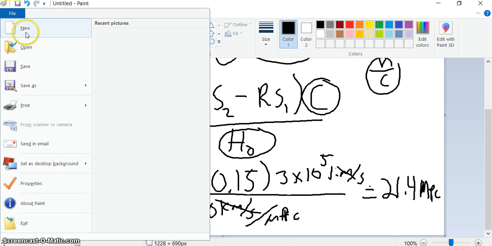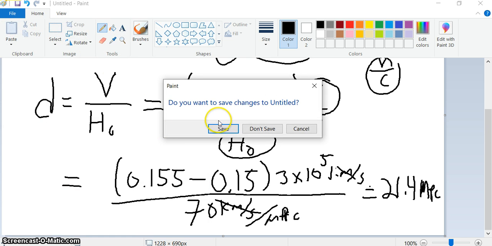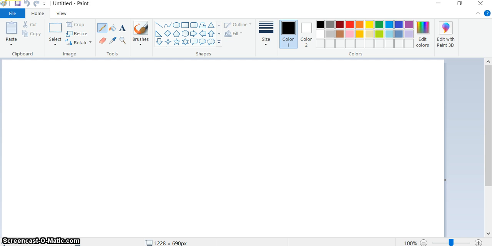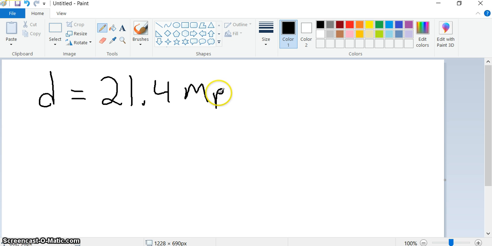So the distance to the galaxy that's in between, this is number 8, turns out to be 21.4 megaparsecs.